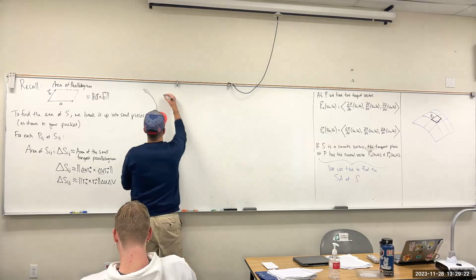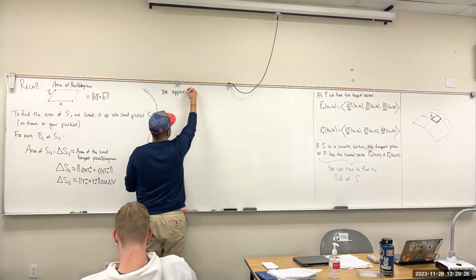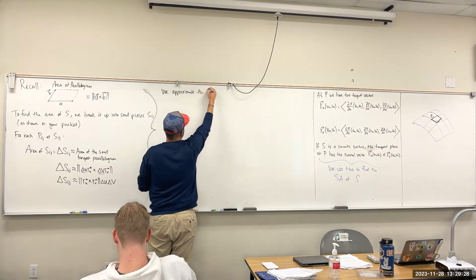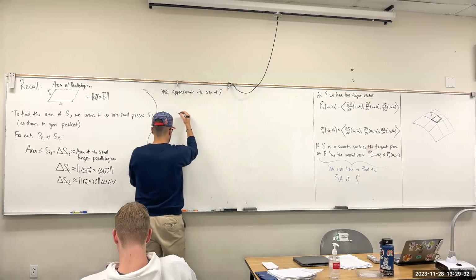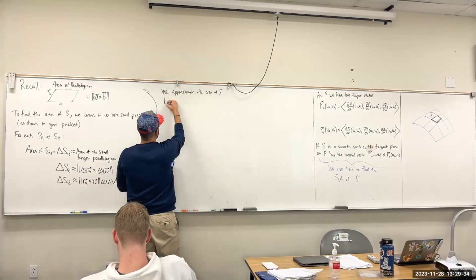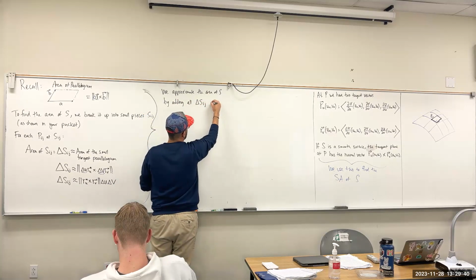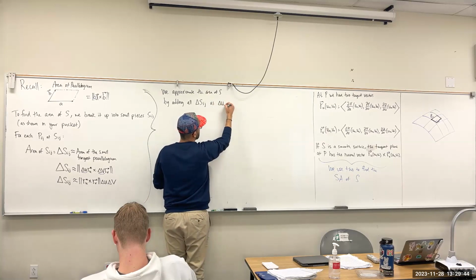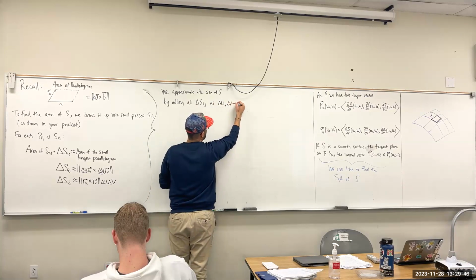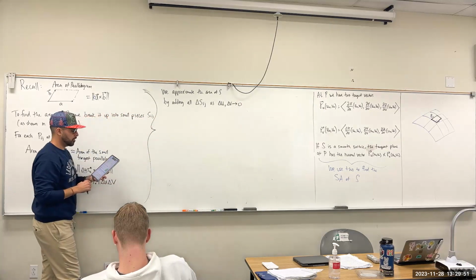And so we approximate the area of S by adding all these delta Sij's as we let delta U and delta V approach 0, meaning you're breaking them up into even smaller and smaller pieces.